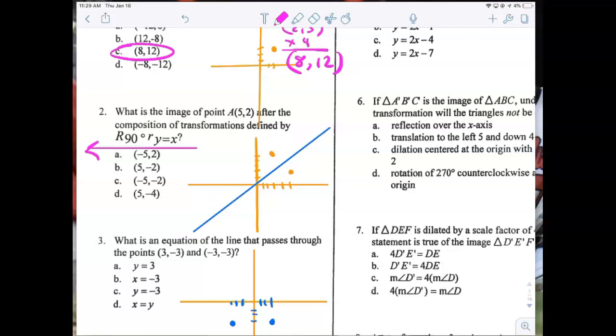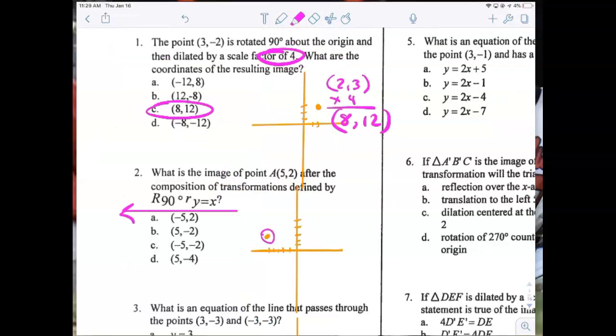You can put it on real graph paper and count diagonal boxes, or you just have to know that (5, 2) becomes (2, 5). So just swap the two coordinates when reflecting over y equals x. So after the first step, we're at (2, 5). Then we're going to take this one and rotate it 90 degrees. So that puts us at (-5, 2).